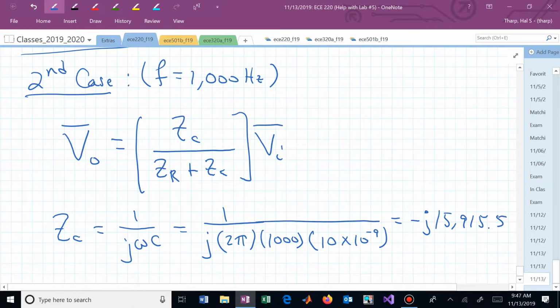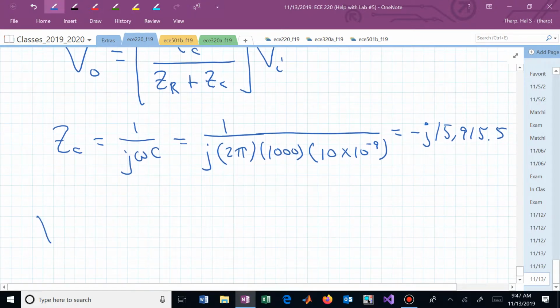And doesn't that look almost like 16,000? We had a 16,000 resistor. Now we have a real part about the same magnitude as our imaginary part.